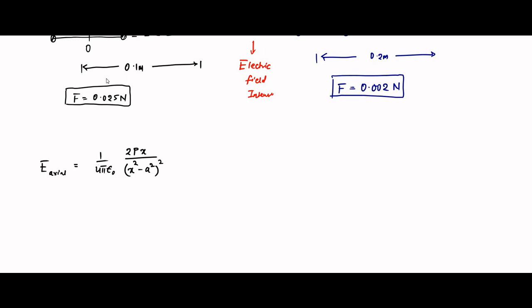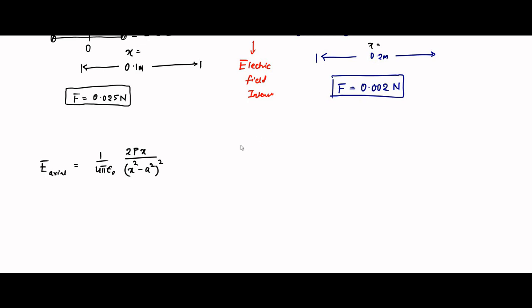So here x is equal to 0.1 meter in the first case, and x is equal to 0.2 meter in the second case. The dipole length we have to determine, so a is unknown, and also the dipole moment is not given. So we have two cases.